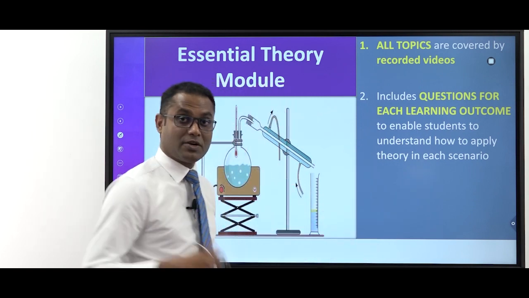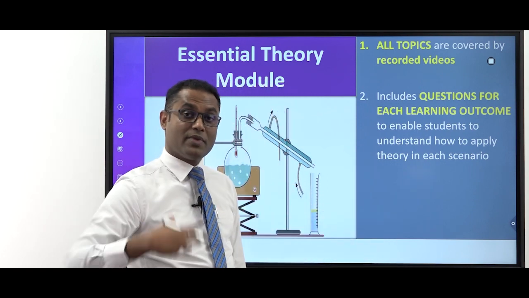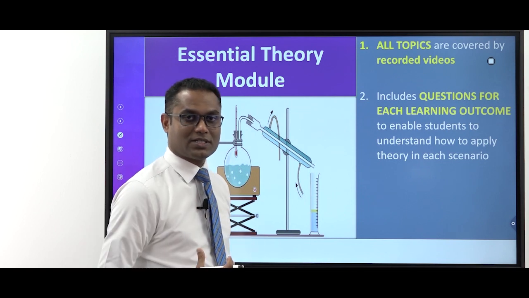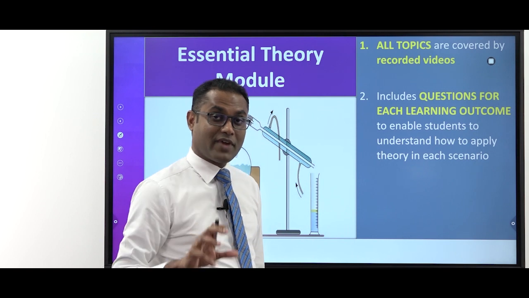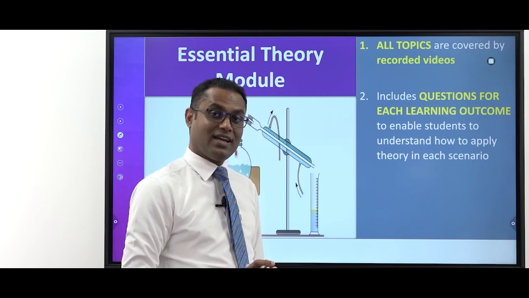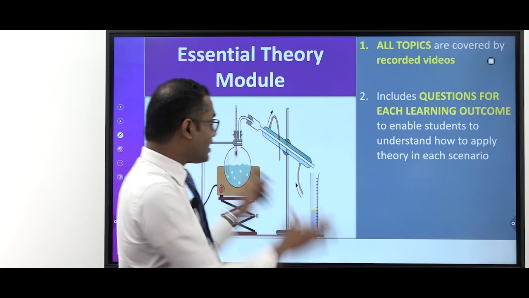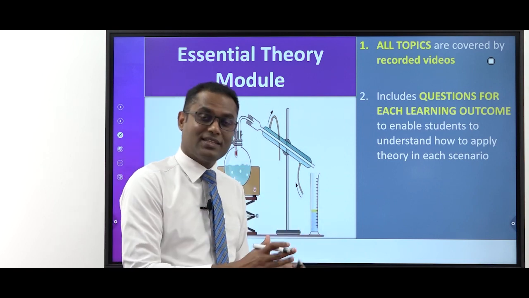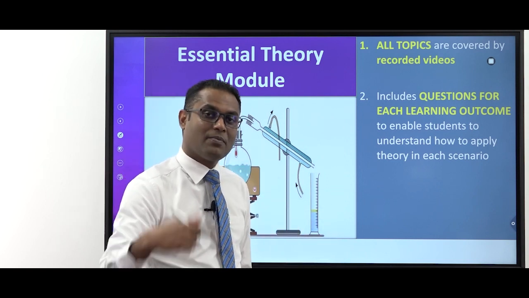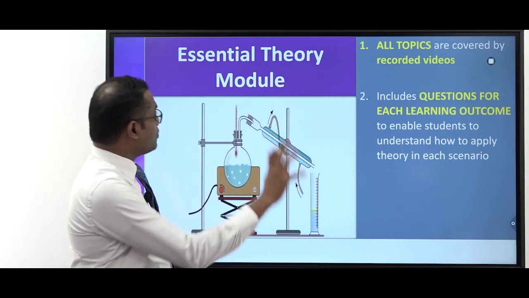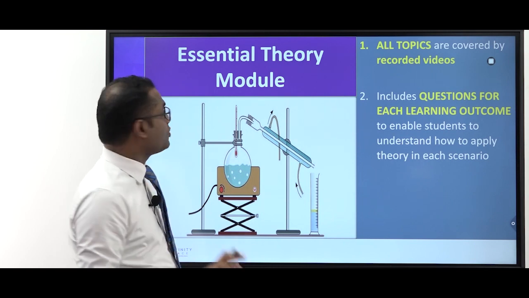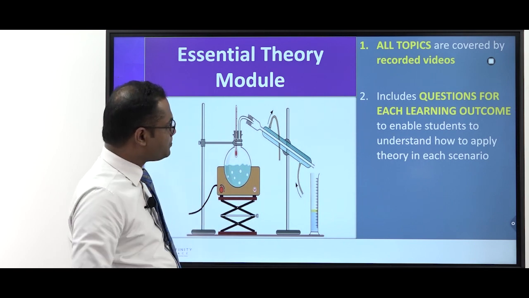Because as I explained earlier, in the exam you have mini scenarios as well as complex scenarios. So we discuss questions where the student can understand, while learning the relevant theory session, how to apply the theory to answer the complex or the mini scenarios. So this is about the first module, the essential theory module.